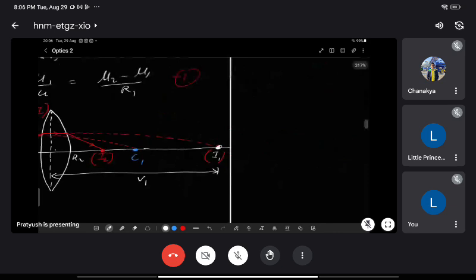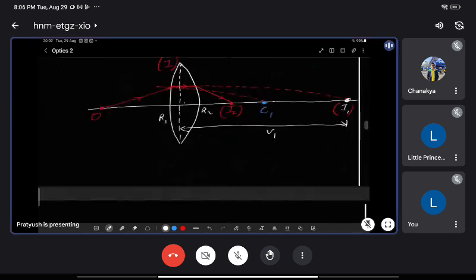Now, see, this was for the first surface, and here we have also seen for the second surface. This is image I2, and let us assume that this I2 is at a distance V from this optical axis.